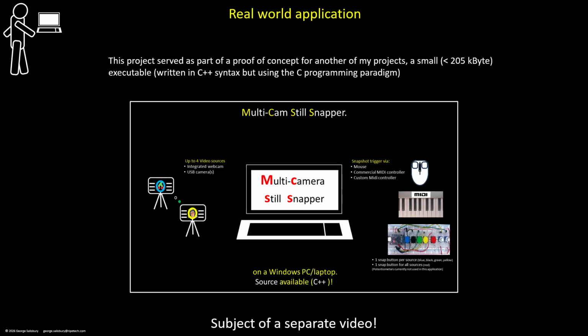I have an ultimate goal, which was to have a PC program that would monitor up to 4 video sources, present them to me, let me view the streams, and then by either mouse selection or MIDI controller, say I want to take a snapshot of a particular camera now.